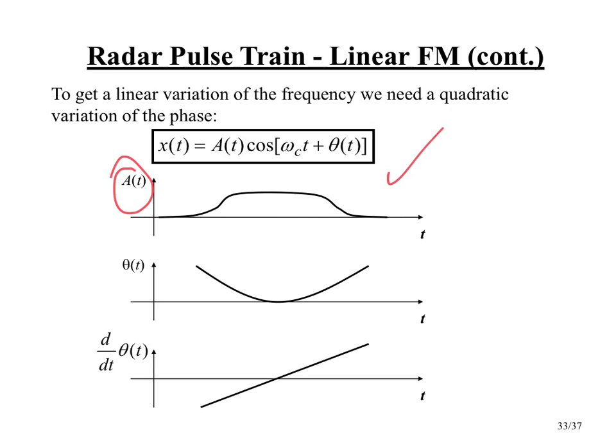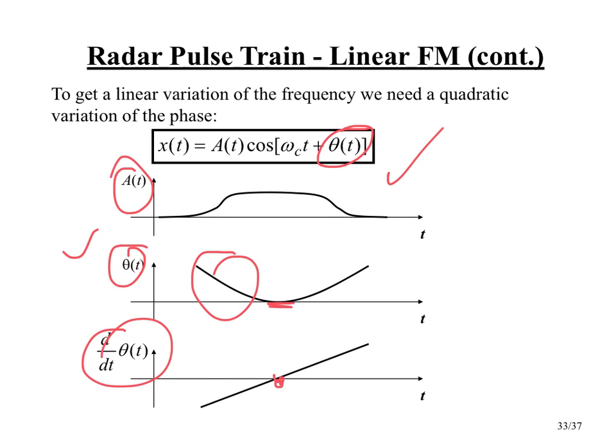If I draw theta of t as a quadratic, taking the derivative is just finding the slope. Right here, the slope is equal to 0, so the derivative will go through 0.